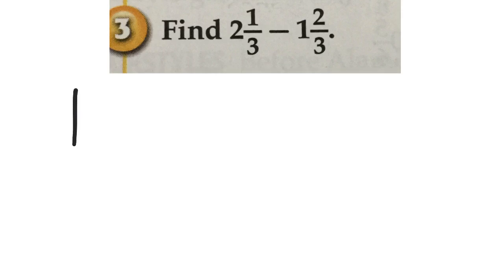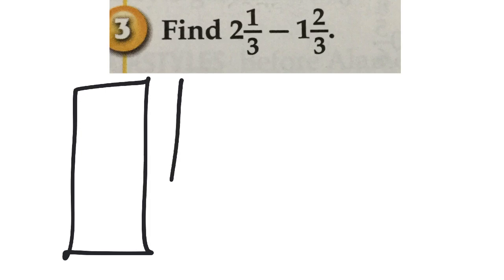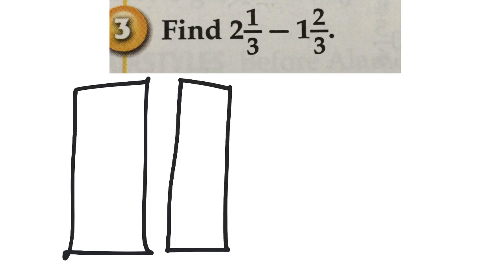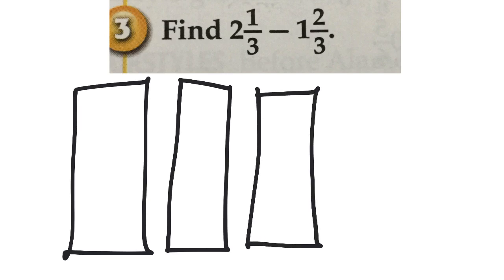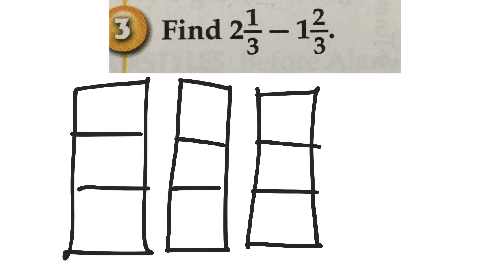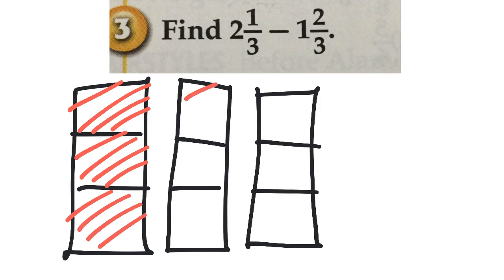So 2 and 1/3. Let's say that I have 2 whole buildings, and then I have 1/3 of another building, okay? So let's divide all of these buildings into thirds, like that. So if I had 2 whole ones, I would have all of these parts.